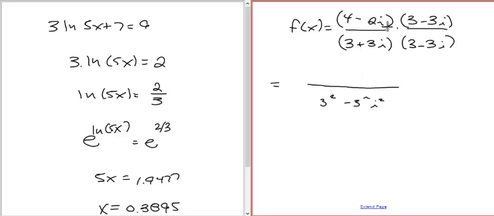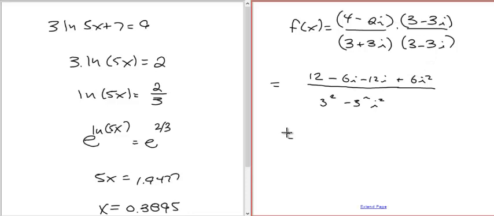Now in the numerator, nothing drops out, so you just use FOIL. So you get 12 minus 6i from here, minus 12i from the outside, and plus 6i squared here, because negative 2 times negative 3 is positive 6, and then i times i is i squared.